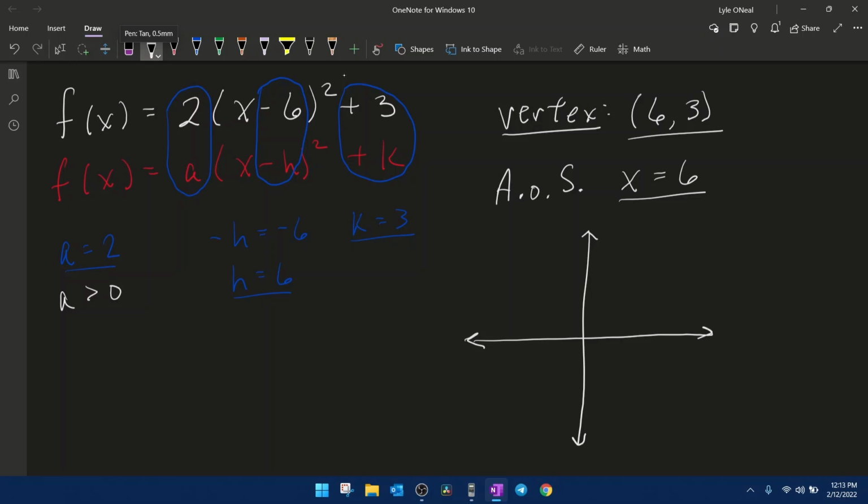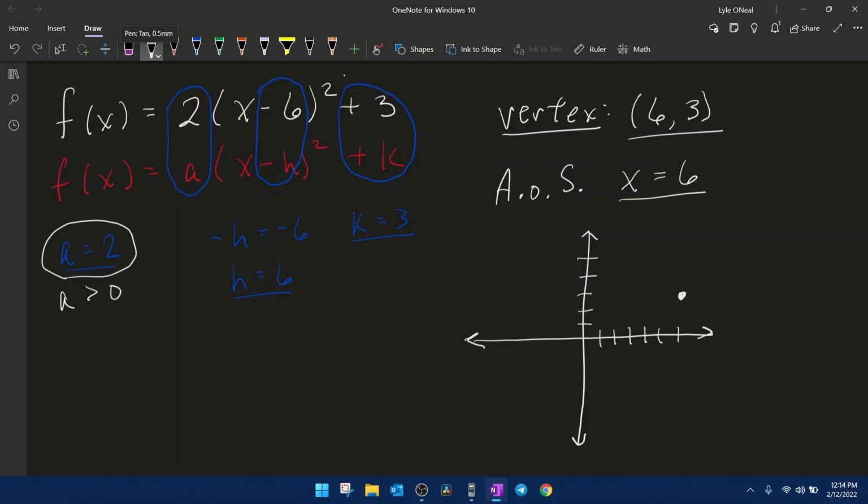So to sketch the graph, we're going to go to the vertex. We lay out our vertex at 6 comma 3. And then here's a cool feature. The a for the first 2 points on either side of the vertex can be represented as rise over run. Let me show you what I'm talking about.